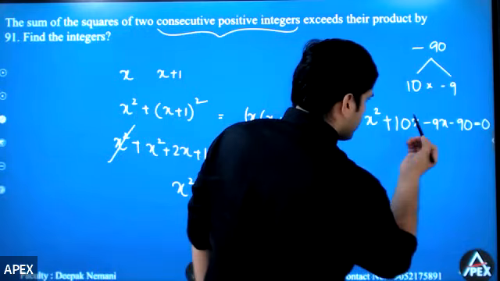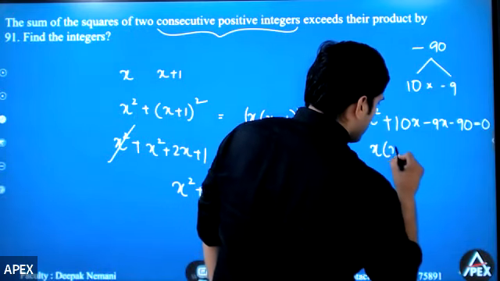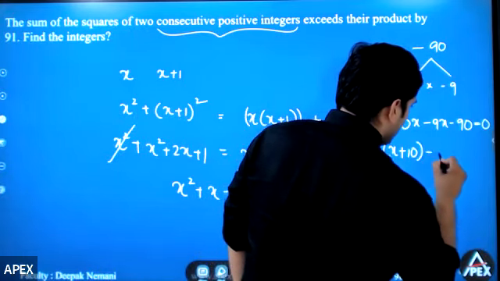Isn't it? So I can write x into x plus 10 minus 9 into x plus 10. So x plus 10 into x minus 9 is equal to 0. So the value of x can be either minus 10 or x is equal to 9.